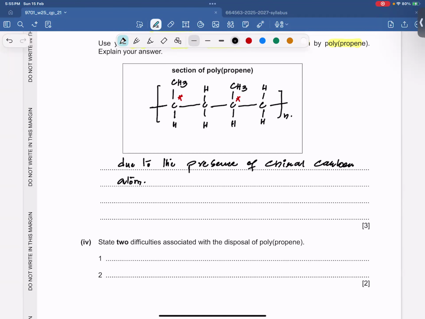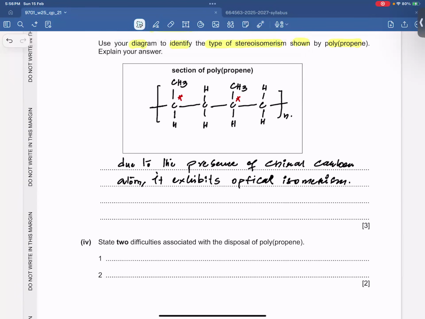The chiral carbon atom exhibits optical isomerism. And due to presence of chiral carbon, it exhibits optical isomerism. I mean, I find this an incomplete statement.